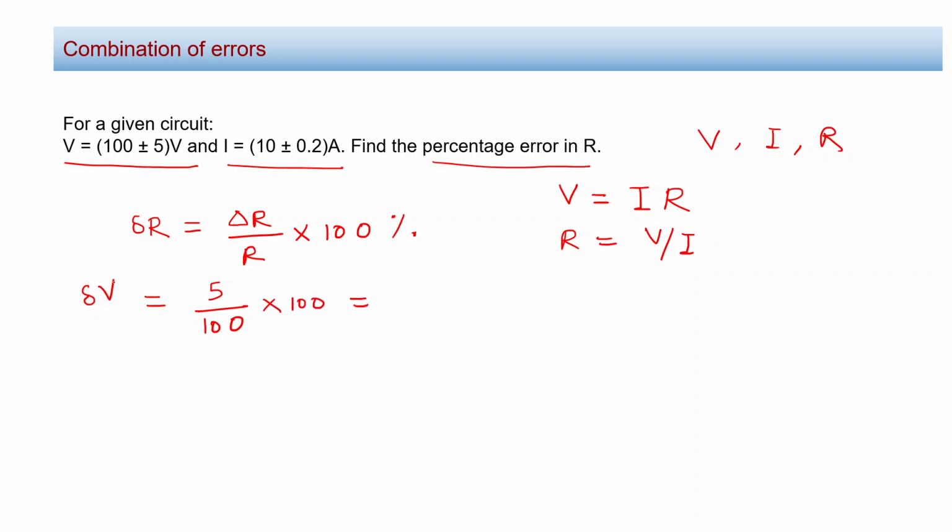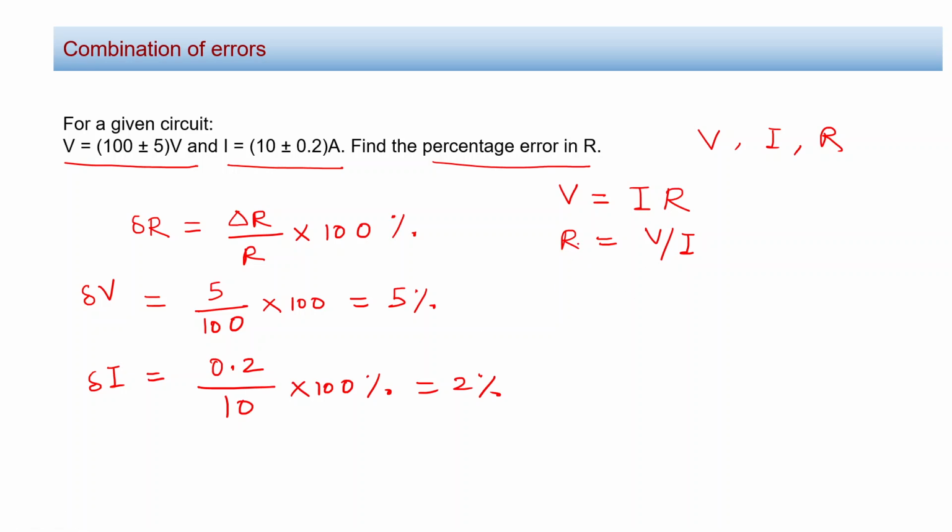So this is the relative error for the voltage, and it will be 5%. The relative error in current: the error is 0.2 amperes and the main value is 10, multiplied by 100 again. This will give 2%. Right?